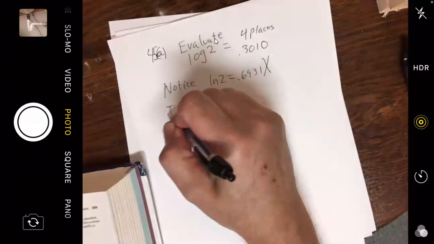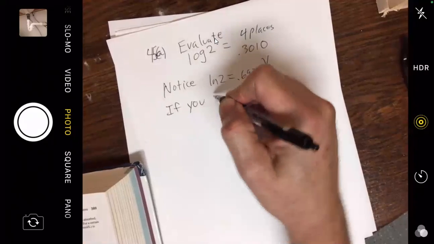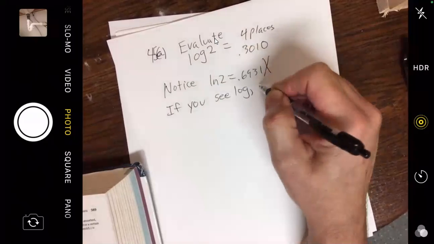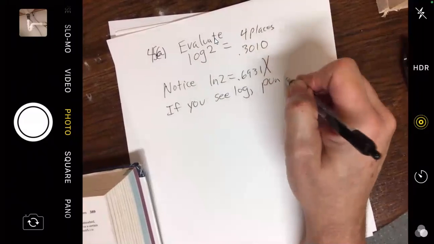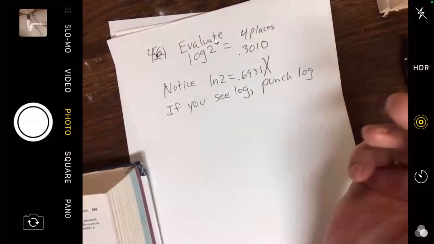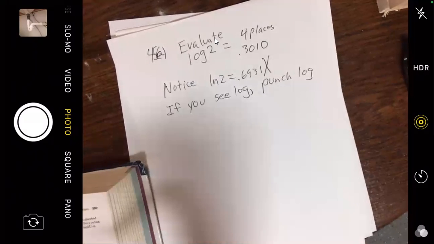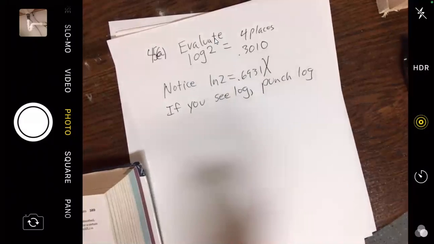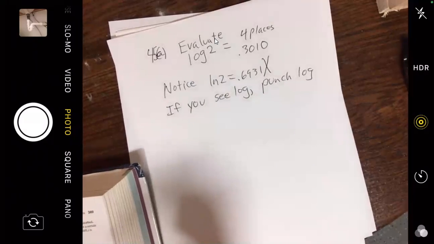If you see log, then for God's sake, punch log. I don't want to insult your intelligence, but I've met people who punch ln no matter what it says. These people do not get good grades.